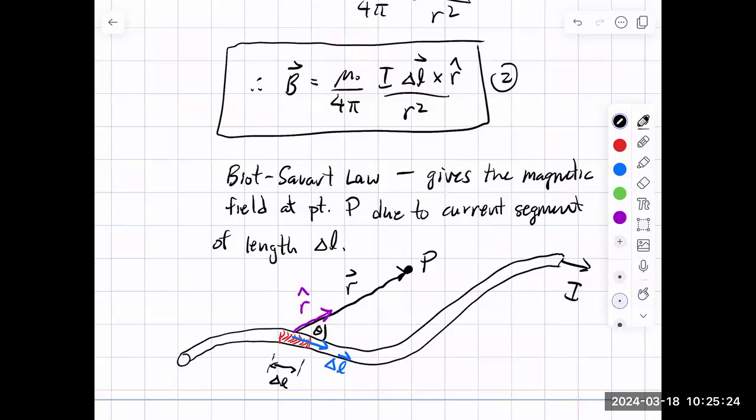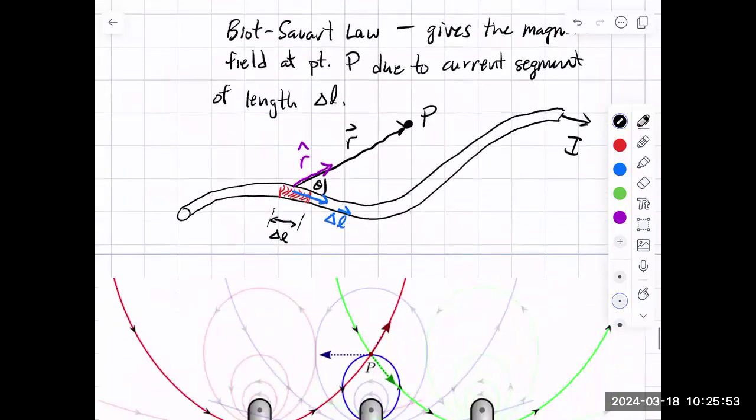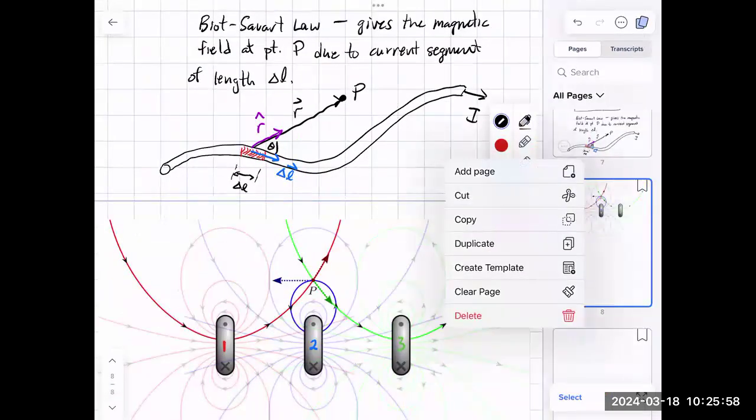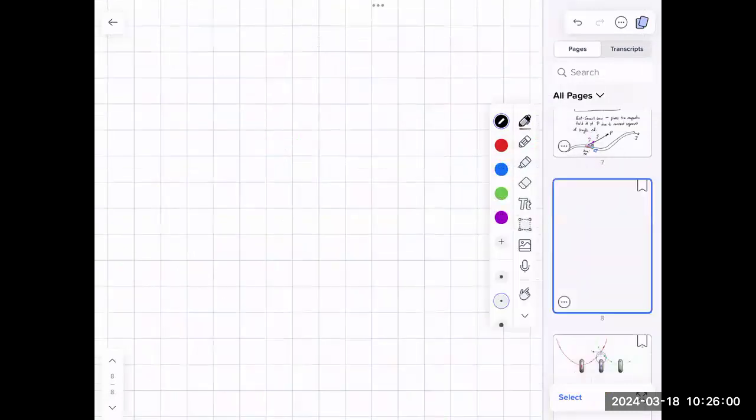Okay, good. Now, this expression for equation 2 works only for the red segment, right? It only works for the little current segment of length delta L. In general, if I want to find the total magnetic field due to this entire current, what I'd have to do is add up all the contributions from all the different little current segments along the length of the wire. So I need one more page here. Let's add a page.